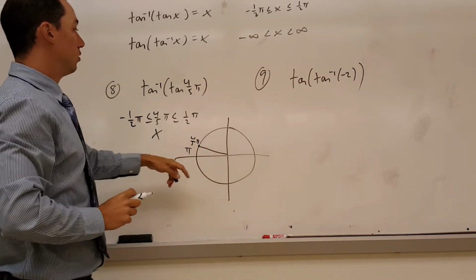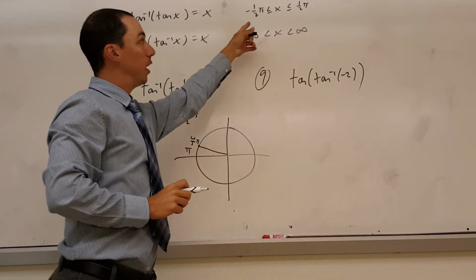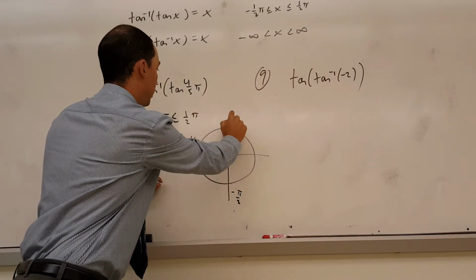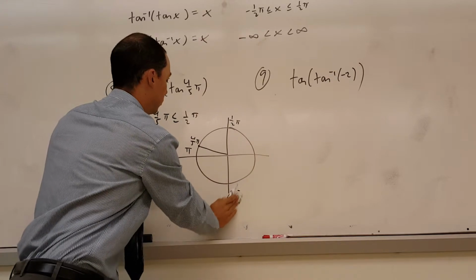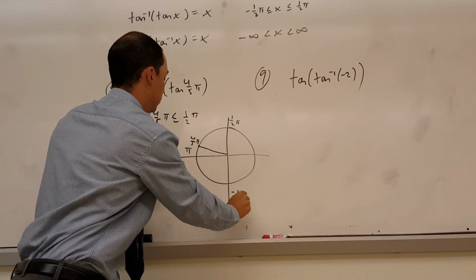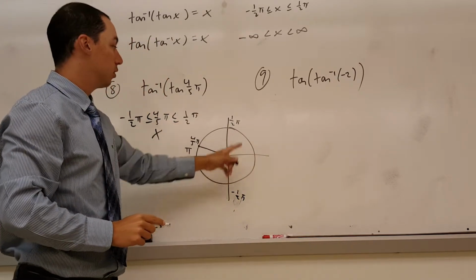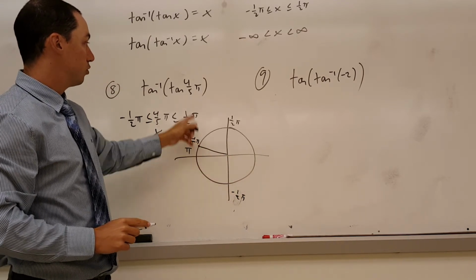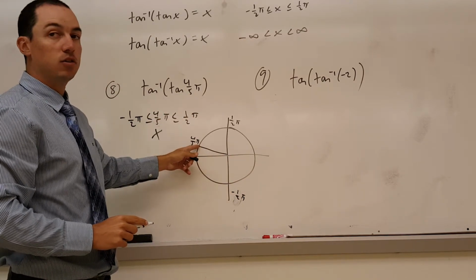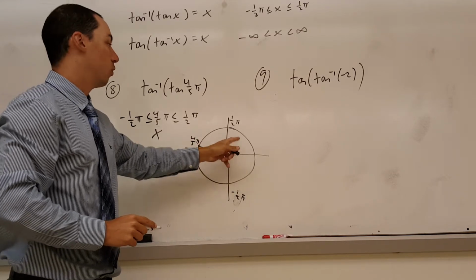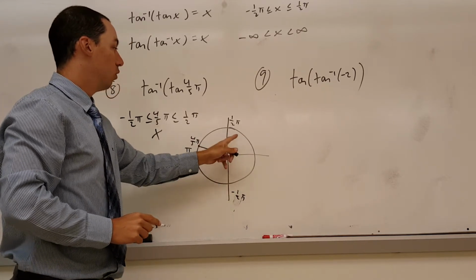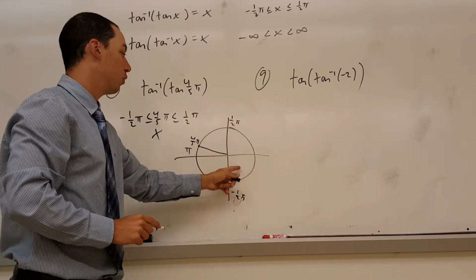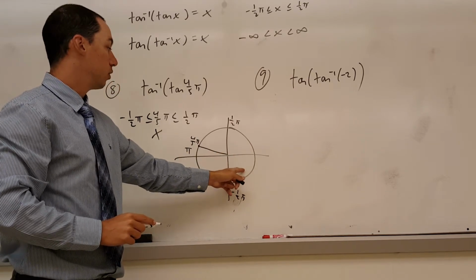Okay. Tangent uses negative 1/2 to positive 1/2 pi. So we need to find an equivalent spot in quadrants 1 or 2. Let's see. Tangent is negative in quadrant 2, so this angle will give us a negative value for tangent. So not 1 or 2, quadrants 1 or 4, which will give us a negative value. Tangent is negative in quadrant 4, so we need to find an angle in quadrant 4.